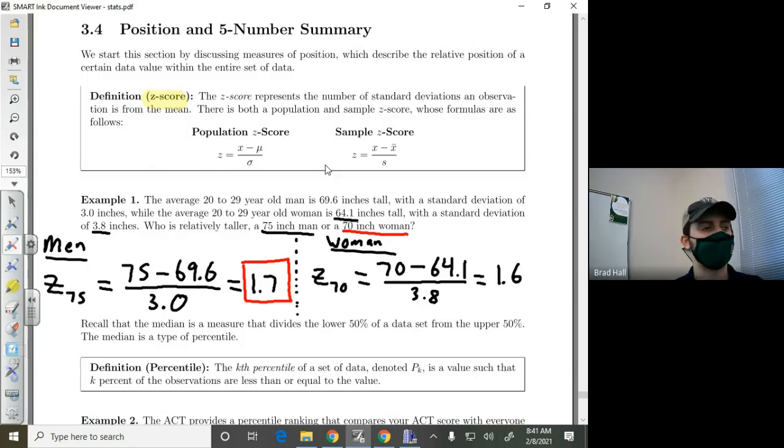This is a way of comparing a man to fellow men's heights, and then a woman to fellow women's heights. And then that z-score gives us some shared metric that we can share among different values. It tells us, I suppose, the orthodoxy or unorthodoxy of any particular value relative to a mean.